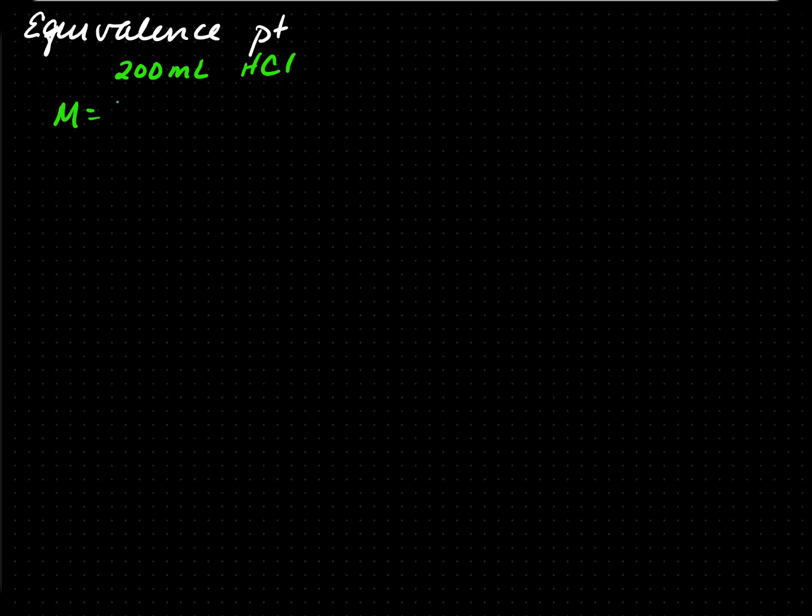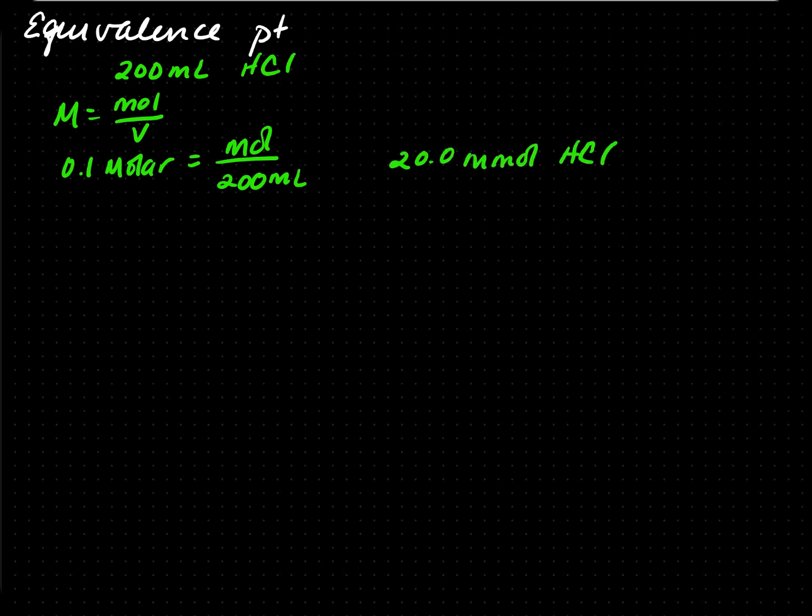We use molarity is equal to moles per volume. The molarity of the solution is still 0.1 molar. This is equal to our moles, and the volume I'm going to use is in milliliters. That gives 20 millimoles of HCl.